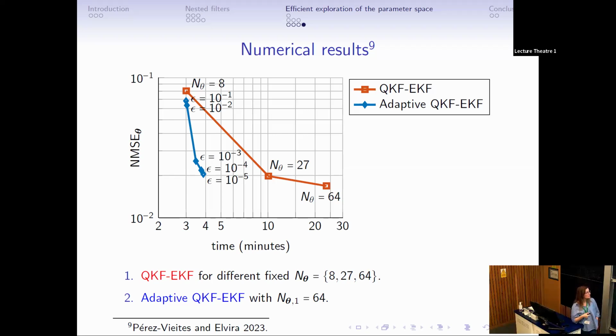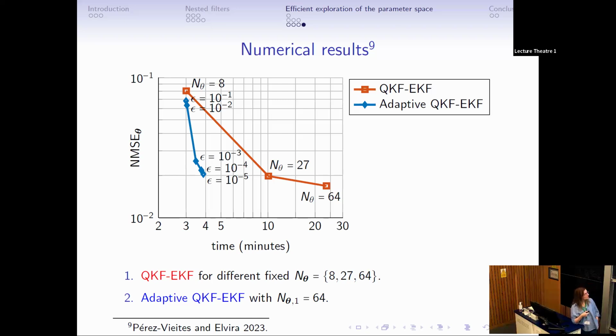And in blue, we show the performance for this adaptive nested Gaussian, where all of them start with N theta equal to 64. And they reduce the N over time, but using different thresholds epsilon. As I said before, if the epsilon is very small, it's more restrictive, so it's going to keep the same number of points for longer. And if it's bigger, it's going to be like, okay, let's keep going down faster.